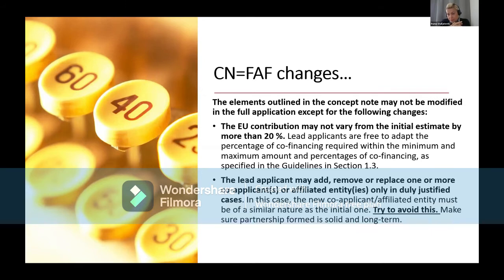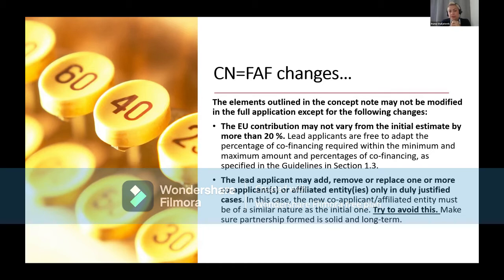There are some exceptions, but it is quite certain that you need to have a quite clear picture of your proposed action, activities, outputs, and consequently results, because you will not be able to change that.